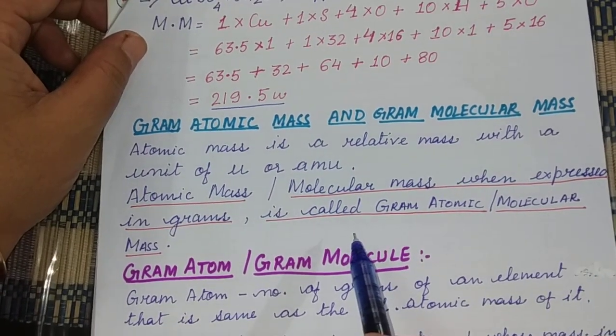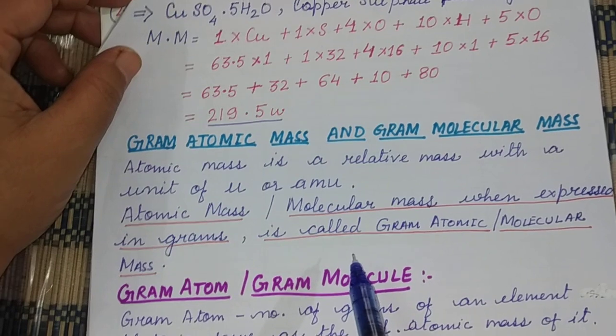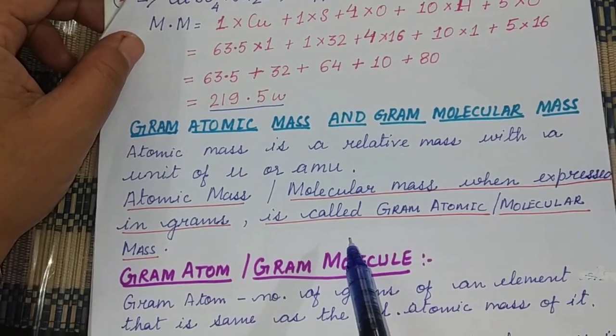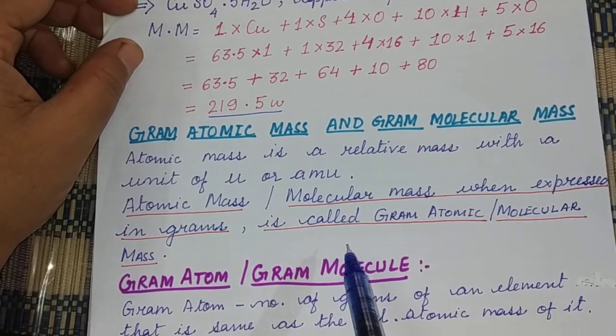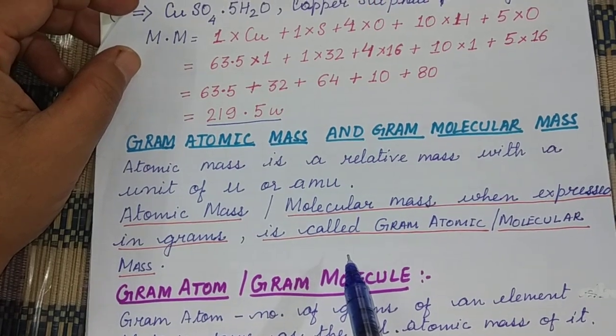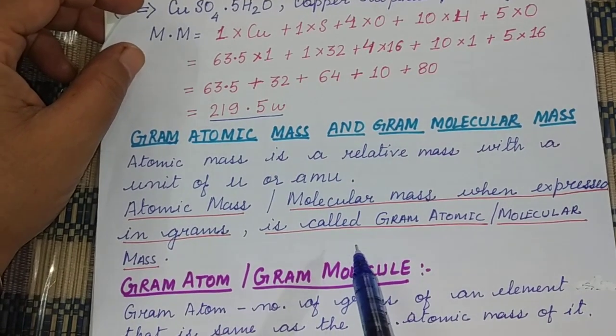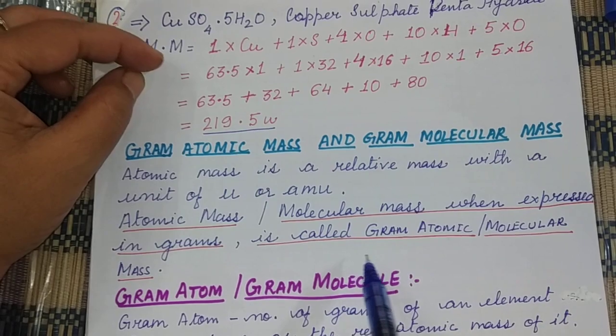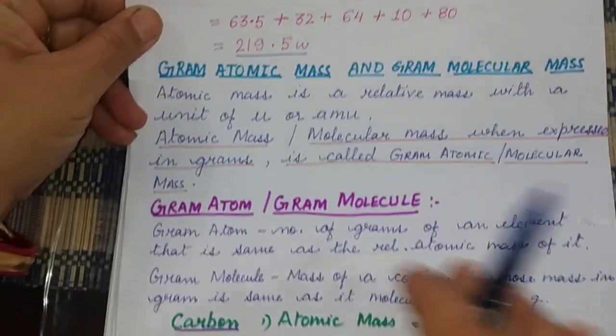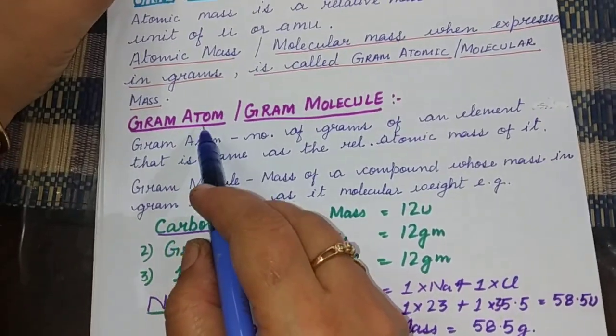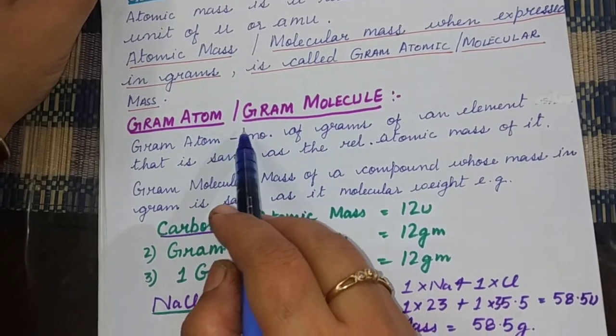This can be done directly by replacing U by G. So when we express an atomic mass in terms of grams, we say it becomes gram atomic mass.